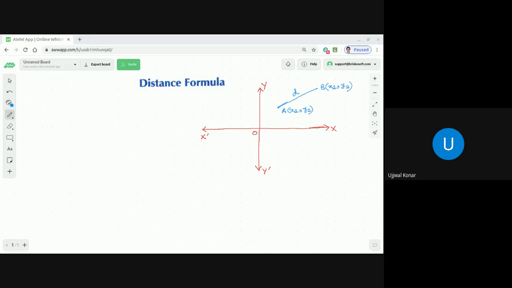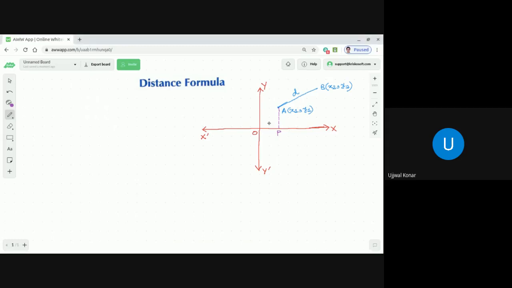Now, as you know the coordinates of the points A and B, we can make some drawing and conclude this. From the point A, if we draw a perpendicular to the x-axis and give this name P, then what is OP?